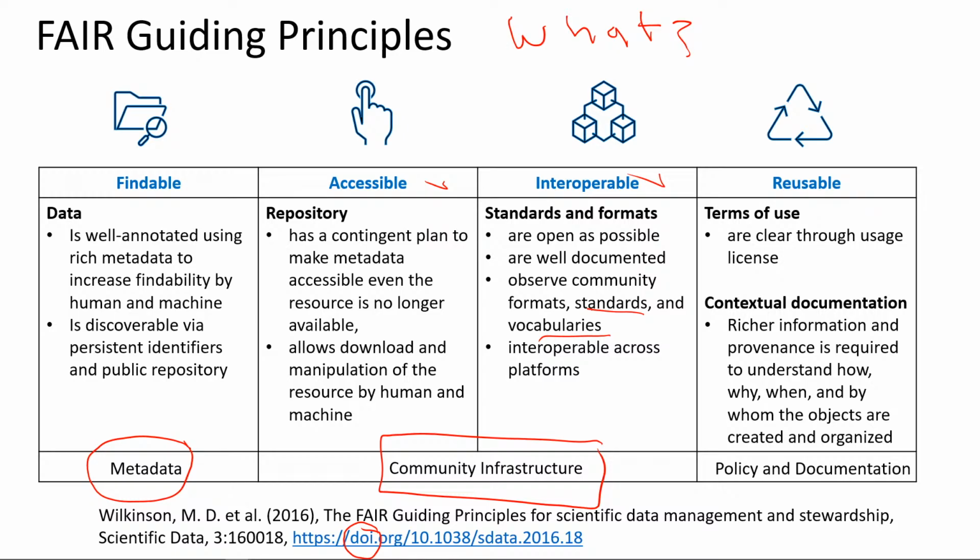But you also need a lot of annotation and metadata so that if I want to reuse this data, I can understand what this data is and what it means. That will make it more reusable.